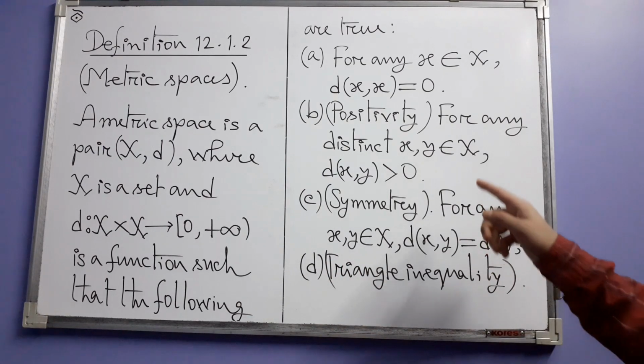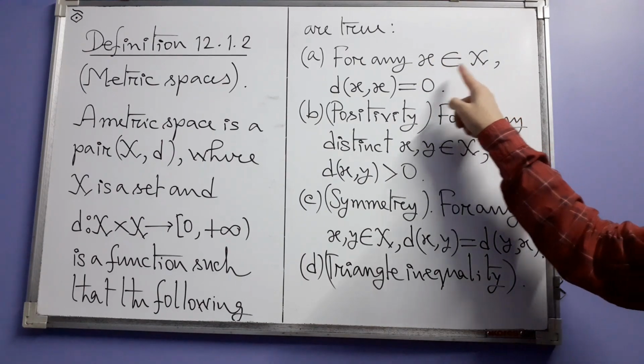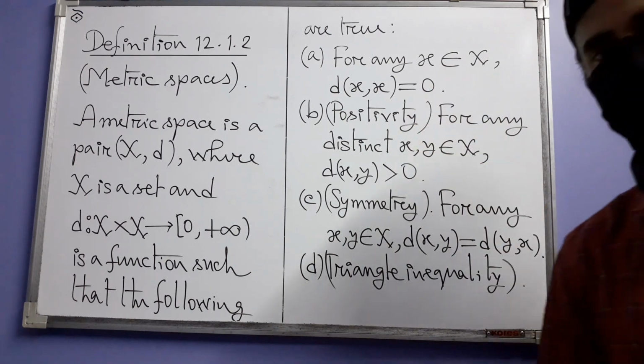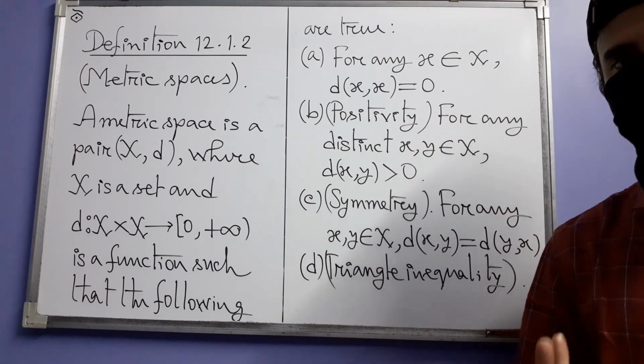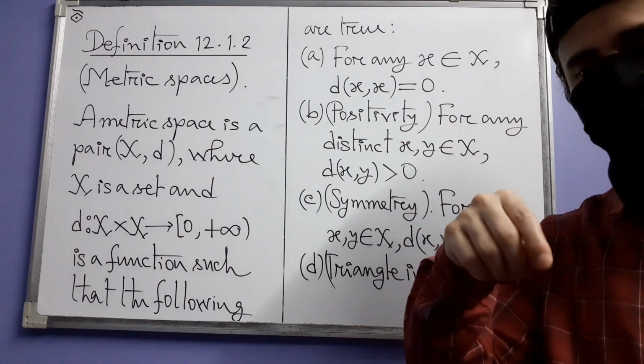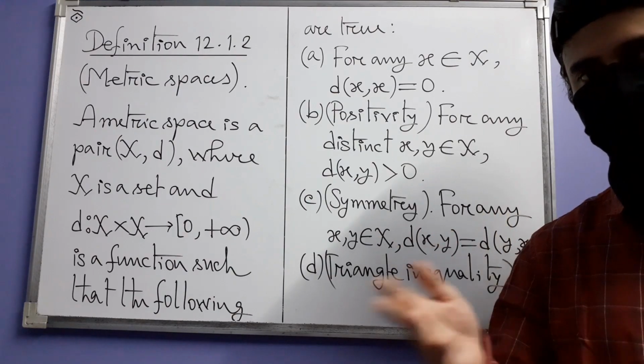The first condition is this: for any element x in X, d of x comma x is equal to 0, which is something natural because we want the distance of an element from itself to be 0. We do not want that to be positive.